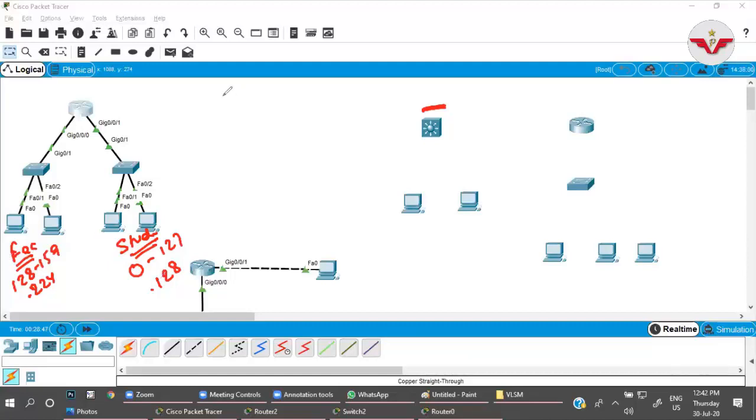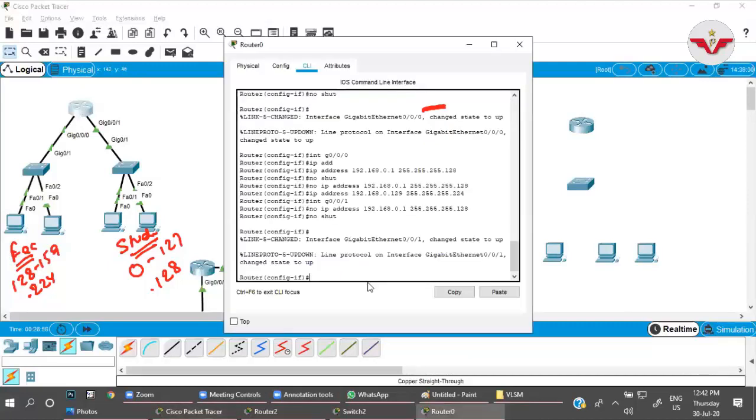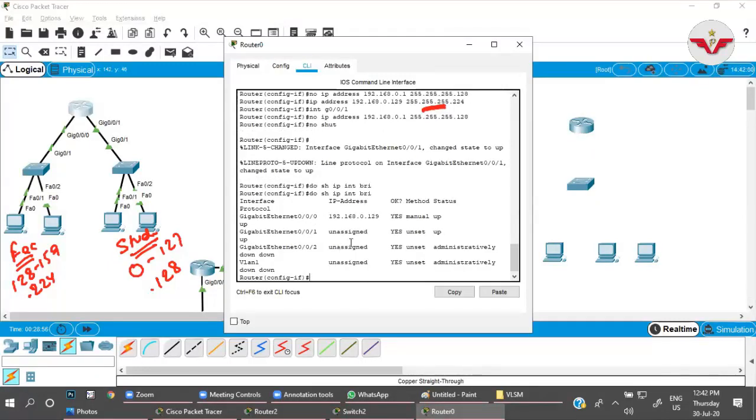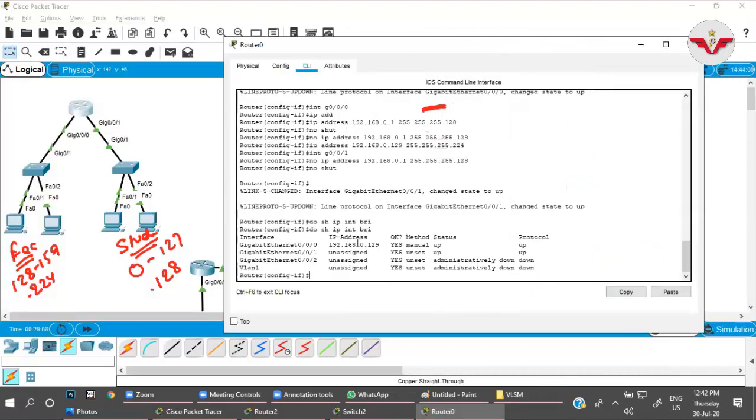So that is why if you check here, let me do show ip int brief. I had given 0.129 on this interface, and on this interface the IP is still not assigned. I'll give 0.1 on 0/0/1.